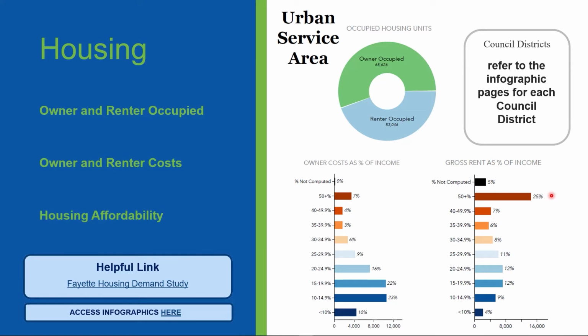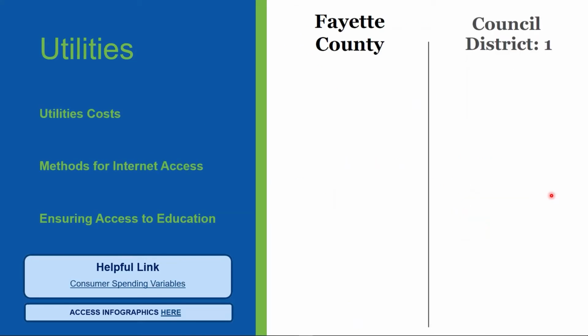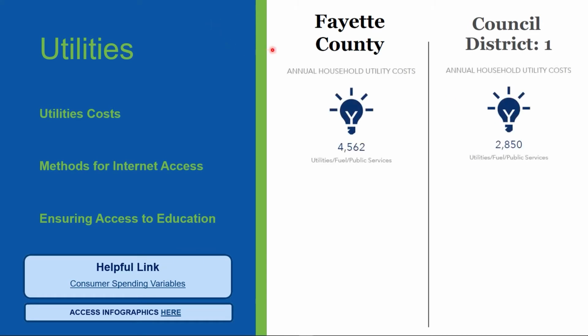All right, utilities. Another way of looking at the data is to compare a council district, for example, to the county as a whole. So Council District 1 includes part of the north side of Lexington's urban service area. In Fayette County, average annual household utility costs are around $4,500 per year.